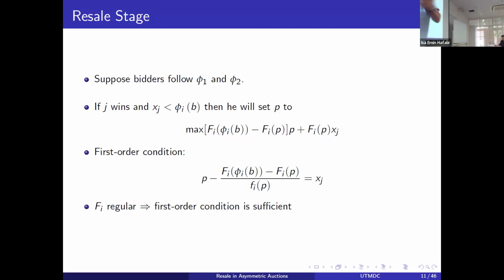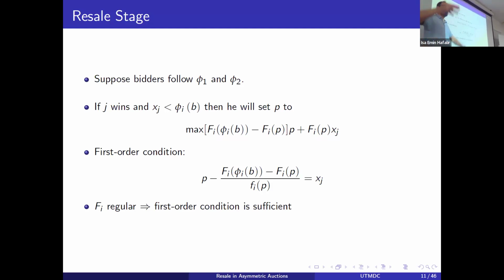Yeah. So this is a simple monopoly pricing problem. When you differentiate this with respect to P, you get this. And this is not surprising. This looks like a virtual value truncated at F. If this were one, this would have been exactly the virtual value, right?